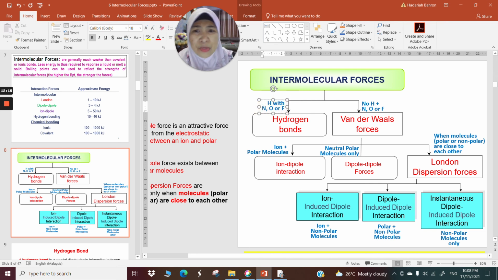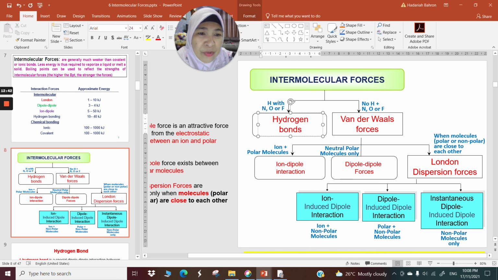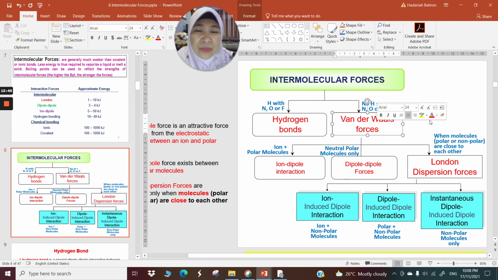Fluorine is the most electronegative element, highest Pauling value, followed by oxygen and then nitrogen. When these three are present where there is hydrogen, then you will probably encounter hydrogen bonding. And for a situation where there is no nitrogen, oxygen, or fluorine, you are simply going to encounter intermolecular forces known as the van der Waals forces.